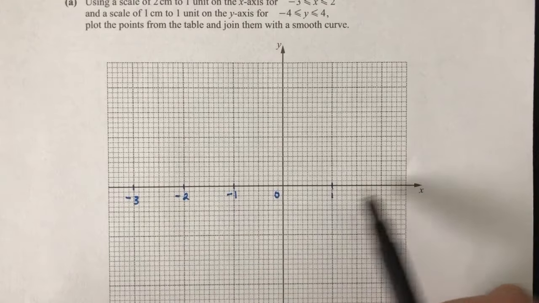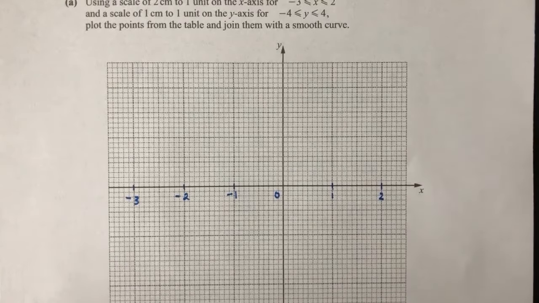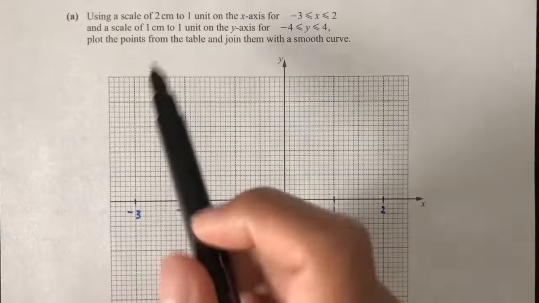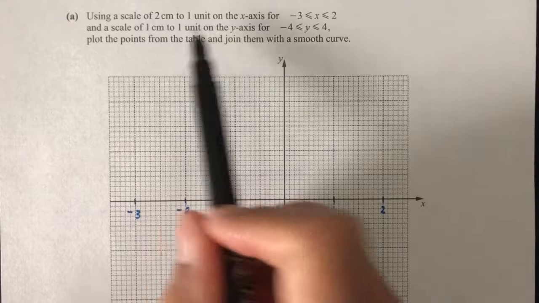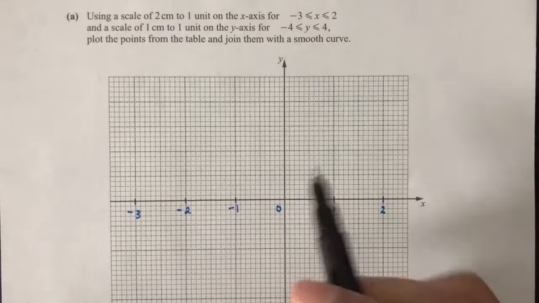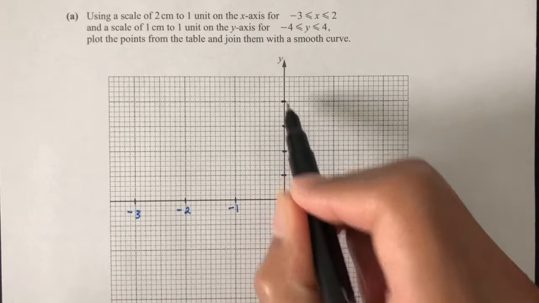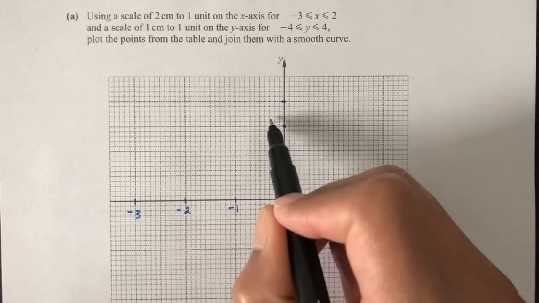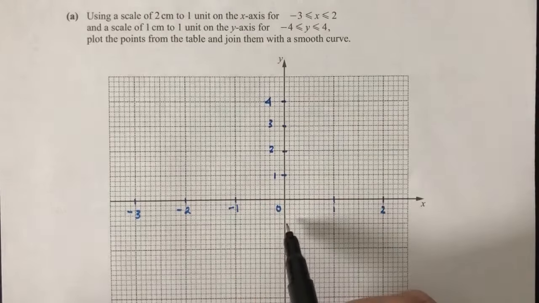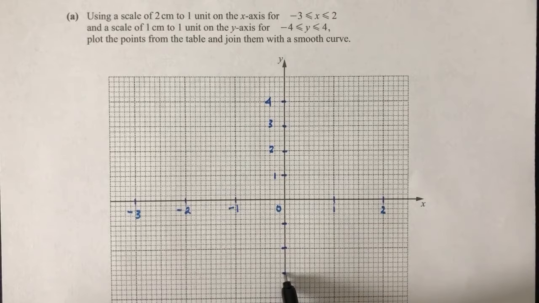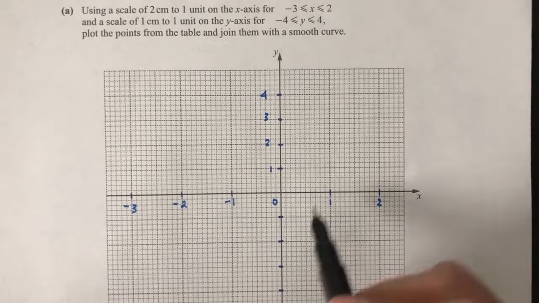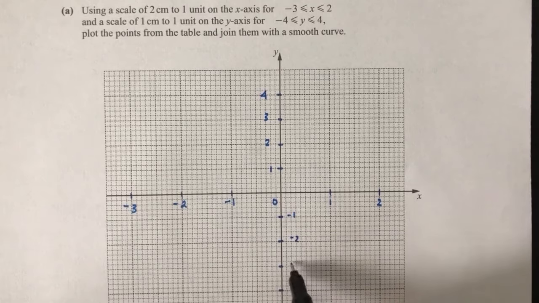This side will be 1 and 2. And for this one, using a scale of 1 centimeter to 1 unit for y, minus 4 to 4. 1, 2, 3, and 4. Okay. So minus 1, minus 2, minus 3, and minus 4.